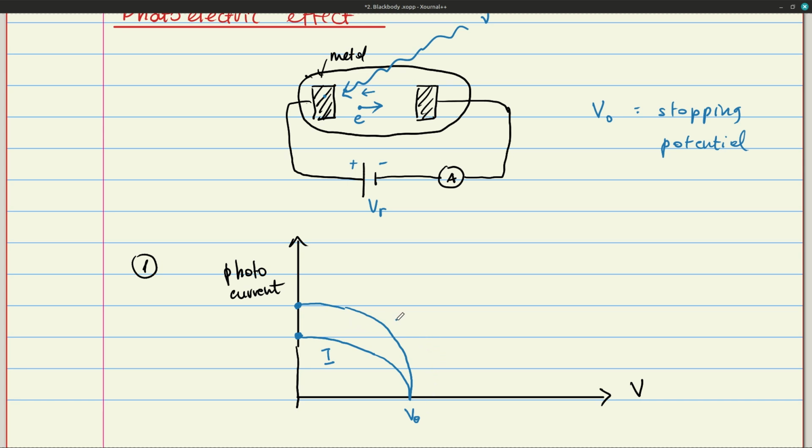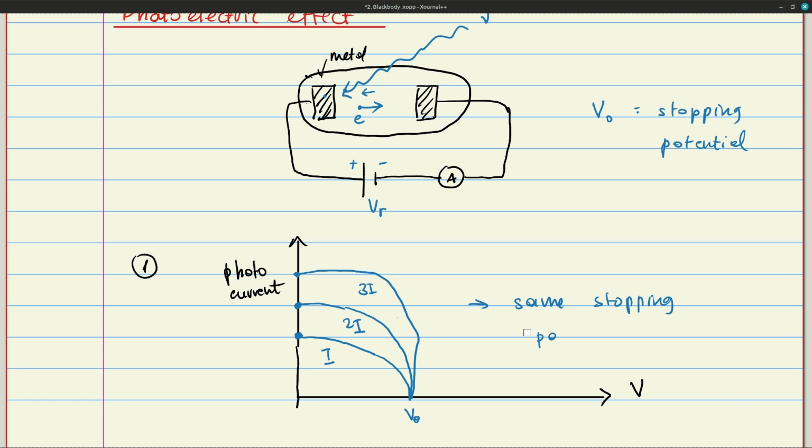So this is, for example, 2I. I increased the intensity twice, but I ended up finding exactly the same stopping potential. And I can increase it even more. Suppose I did 3I, and again, the result is the same stopping potentials.